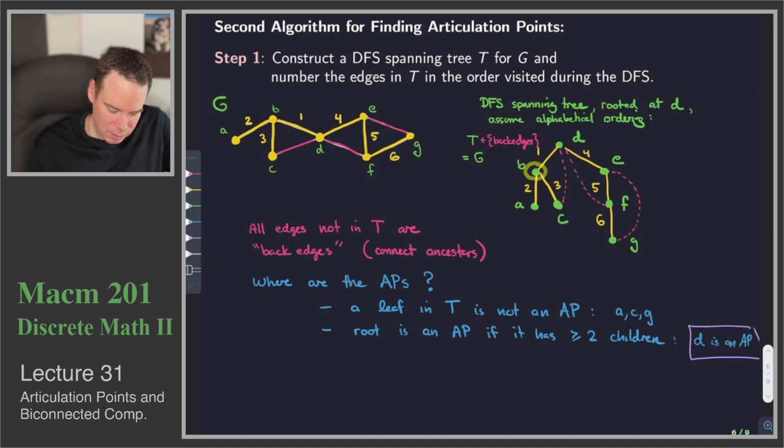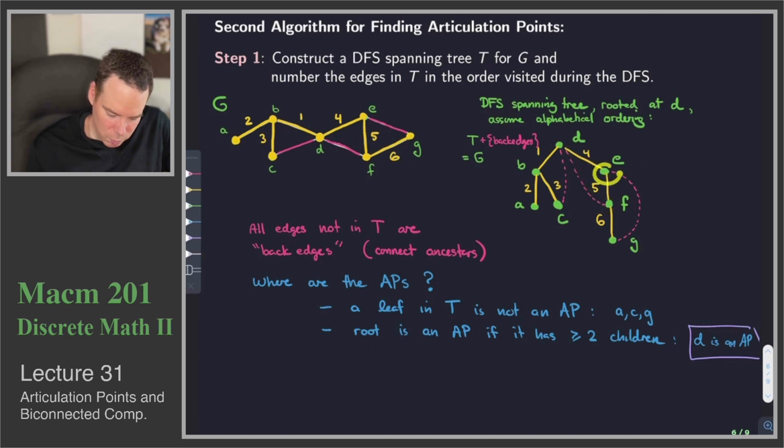So is B an articulation point? Yes, it is, only because A would fall away. C is still saved. Is E an articulation point? Well, if I cut E away, then it's got a child that still has a lifeline back up higher in the tree.